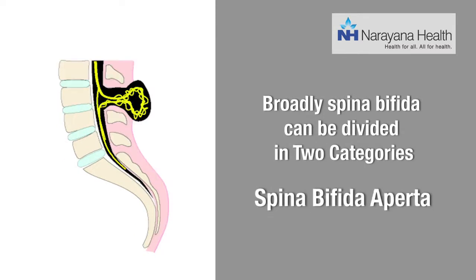And the other category is called spina bifida aperta, where it is apparent, or where you can see it when there is a defect which is visible, or there is a big swelling of a fluid containing sac.